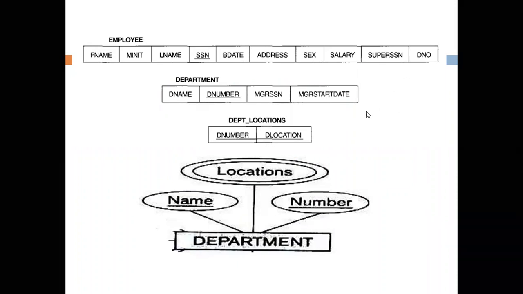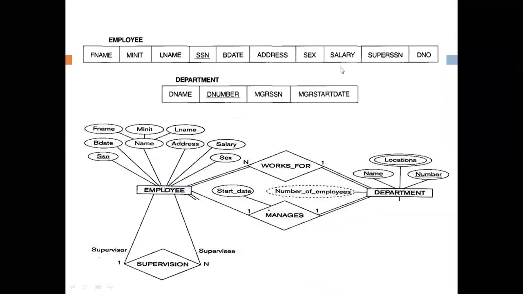Next, let us look at the relationship between the department and employee. This part we have discussed, and this part also we have discussed. Now there are two relationships between the department and employee.